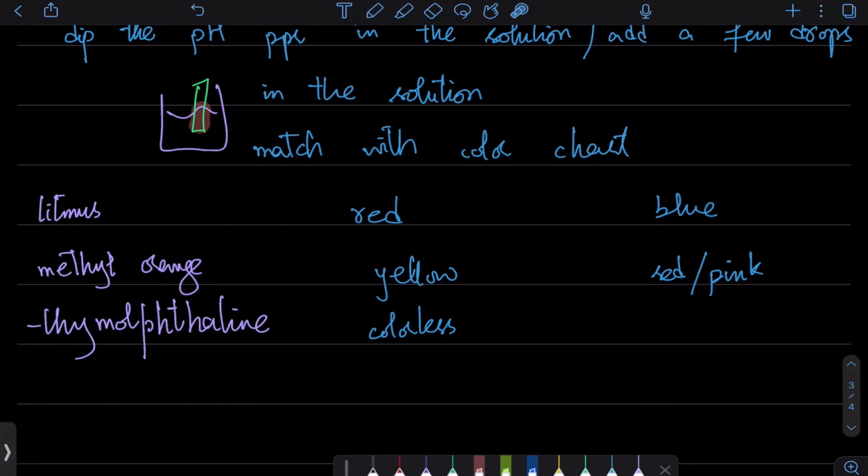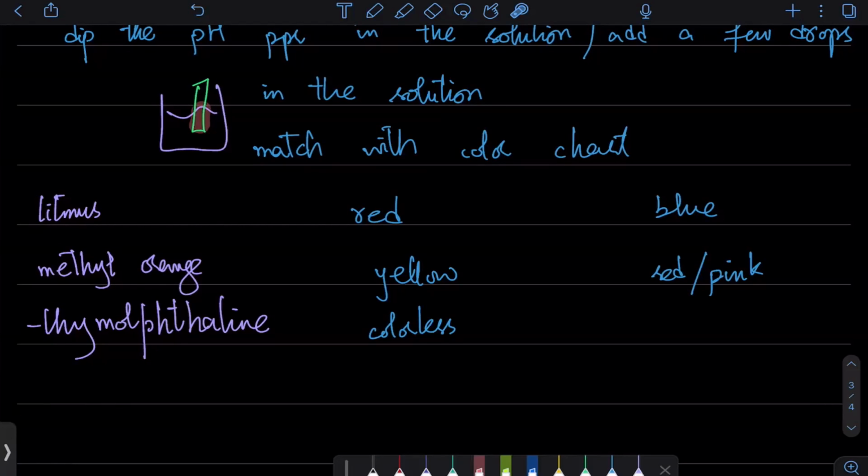But basically, the color orange exists very close to 7. So like a weak acid might be orange, a weak base might be orange, and the neutral will also be orange. So for that reason, we usually don't specify that it's orange because we can't say whether it's acid, base, or neutral. But yellow and pink clearly tell us, or red even, clearly tell us whether it's acid or base.